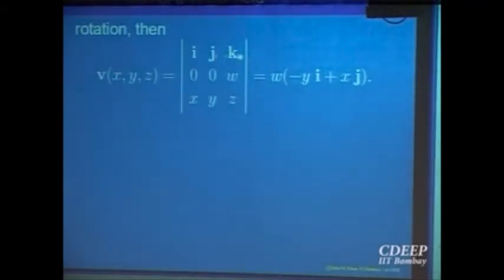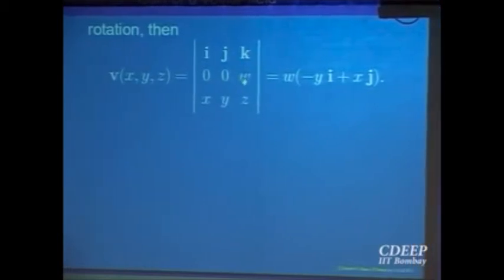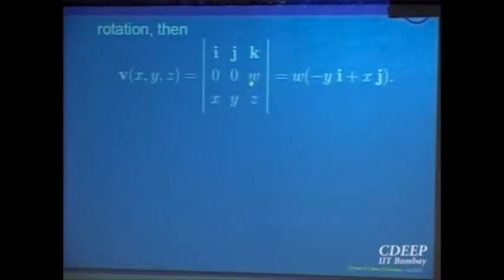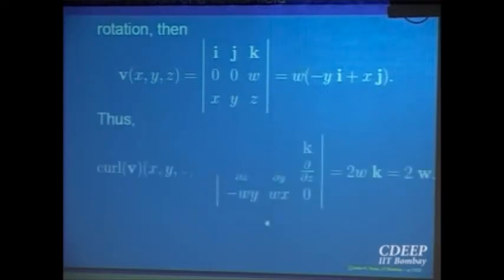So there is i, j and k; w will have components 0, 0 and w, where w is the angular velocity, and the position of a point is x, y and z. So w cross r, the velocity of a rotating body at a point P with position x, y and z, is given by w times minus y i plus x j, where the axis of rotation is taken as the z axis and w is the angular velocity.